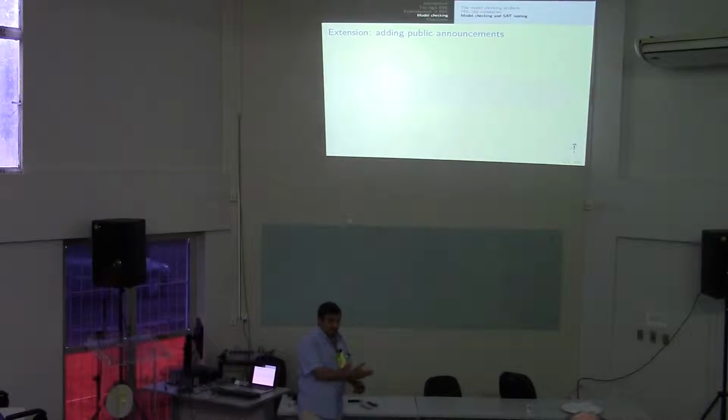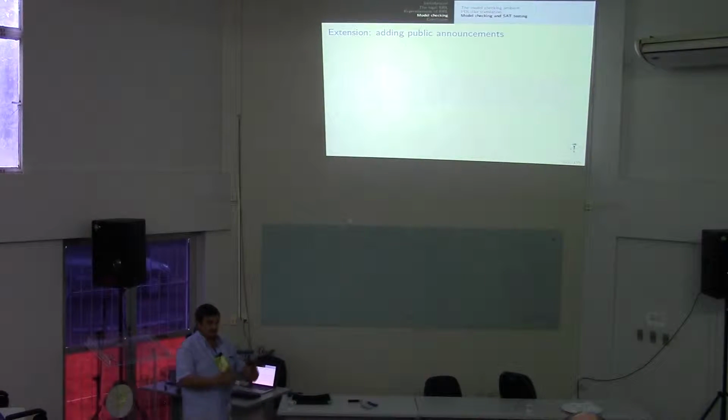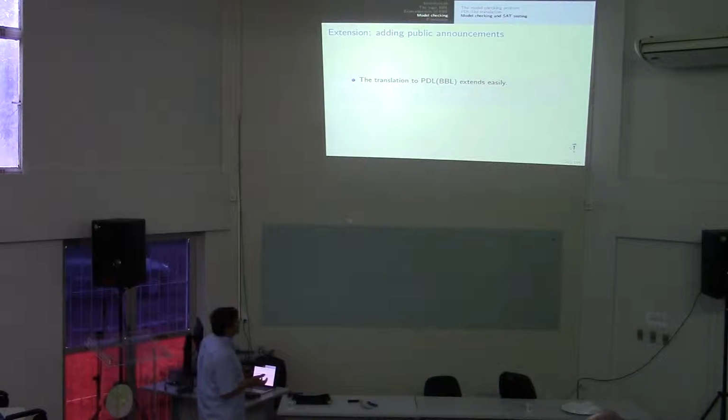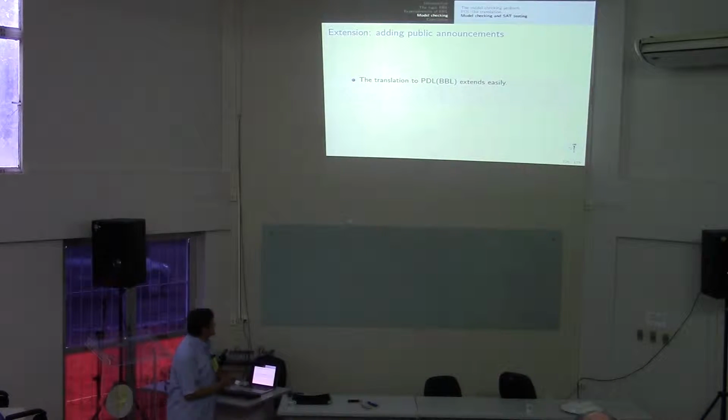Adding these public announcements to the language will presumably boost its expressiveness, but it doesn't do so in a dramatic way. Essentially all the procedures, model checking and satisfiability testing, remain valid. Well, they have to be adjusted, of course, but they would remain working in the same complexity.